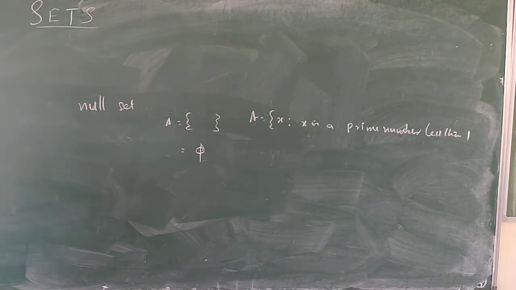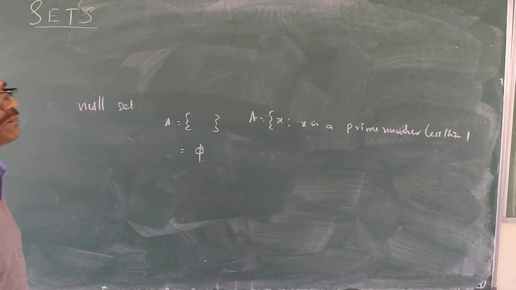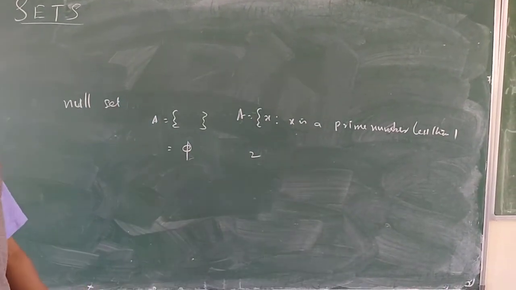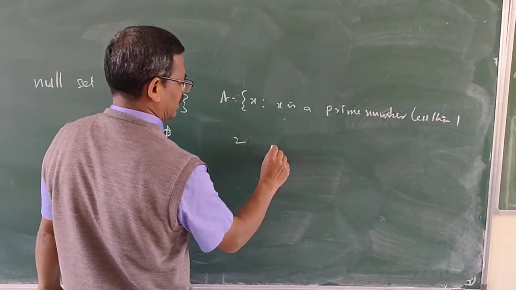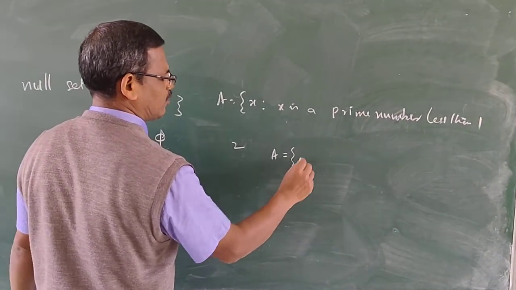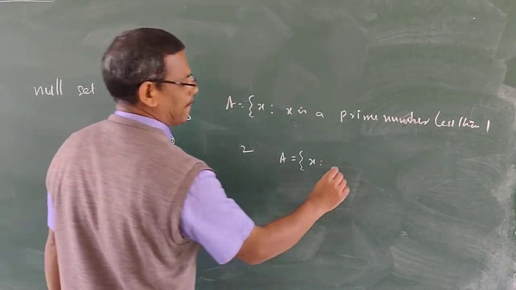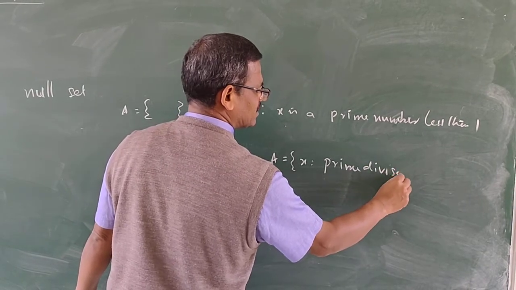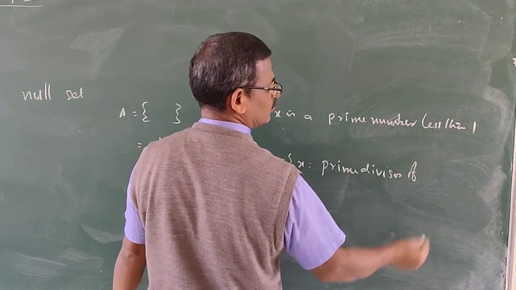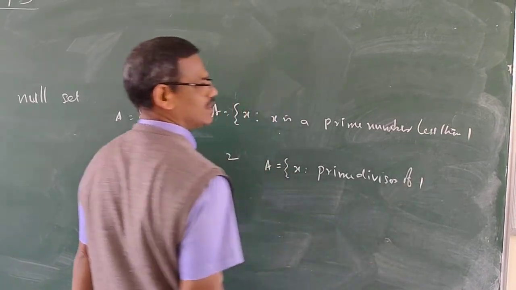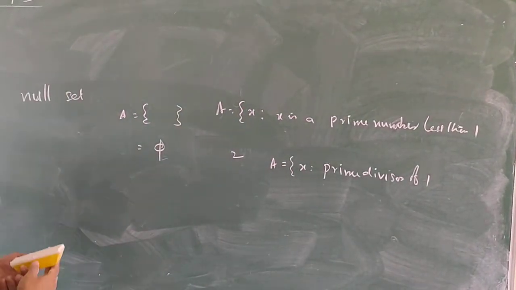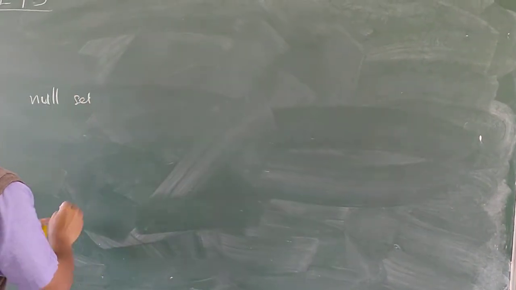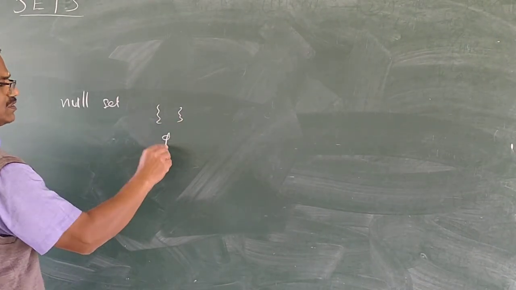There is no prime number less than 1 here. The first prime itself starts with 2. So it does not contain any elements. Or if A is the set of prime divisors of 1, it does not have any element in that. So the null set is denoted by either this set, this or this.